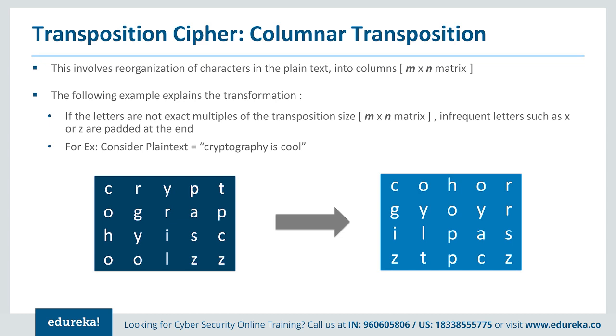The column COHOR is replaced in the row, GYOYR, ILPAS, ZTPCZ. So they are just transpositioning a row into a column. These are simple examples of how the algorithm works.